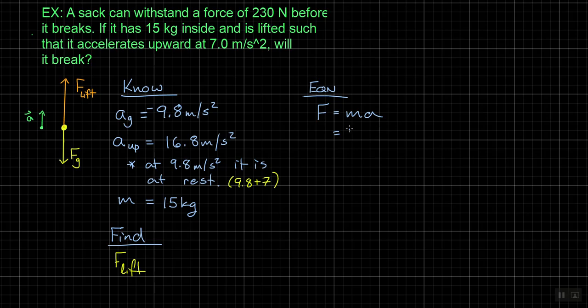So I know that this is 15, and I'm going to go ahead and do kilograms, and we have 16.8, and then I am going to make a change here, just so I can show you guys the usefulness if we had used g. Instead of meters per second squared, which is fine, you can use it, I would much rather use newtons per kilogram. No difference. But why is this maybe easier?